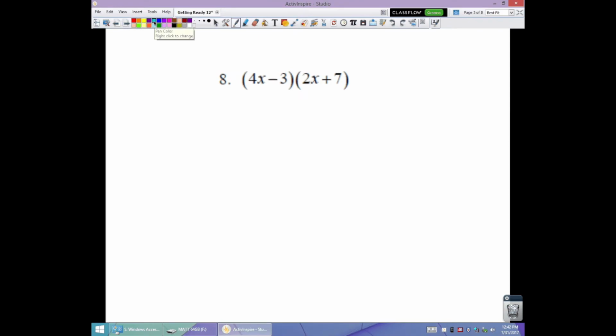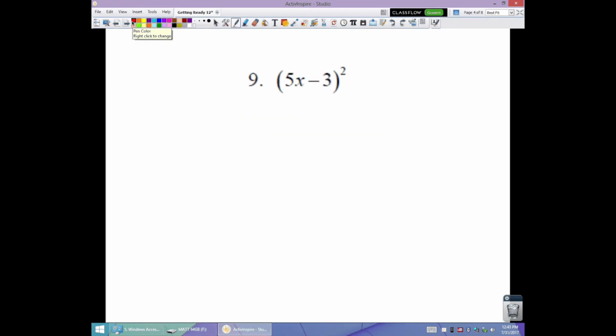All right, first, 8x squared, outers, 28x, inners, negative 6x, last, negative 21. And like terms here in the middle, so 8x squared plus 22x minus 21.